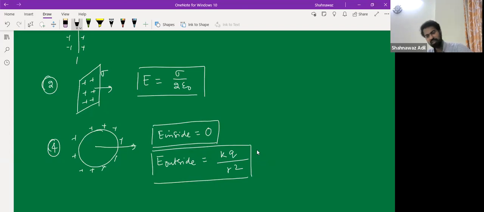So E outside due to this hollow sphere would be this, and this is exactly like a point charge. So this outside field behaves like a point charge. This sphere behaves like a point charge, right? So this I was telling.